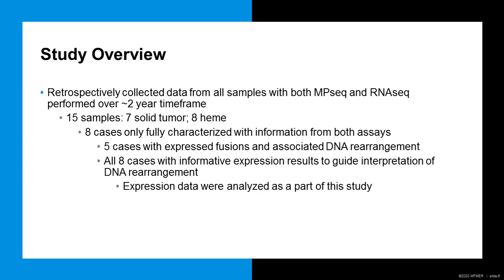And in all 8 of these cases, we had informative expression results to guide the interpretation of the DNA rearrangement. I should mention that the expression data were only analyzed as a part of this retrospective study.